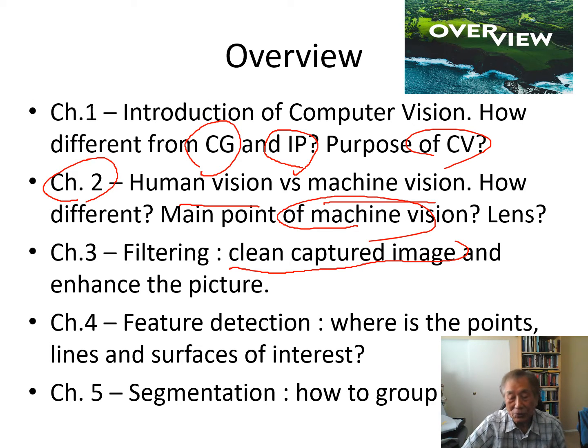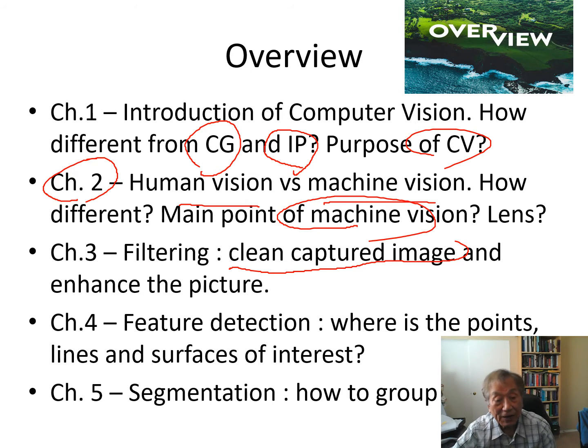And also when the image is too dark, so not so good to distinguish, or too light, too bright, then we can change the intensity, and we can have some other effect of making parts enhanced, so that overall contrast and information can be maximized. So that's the filtering. It's a preparation.